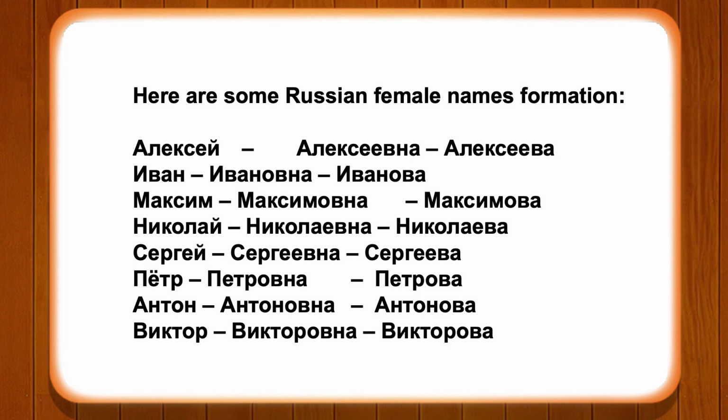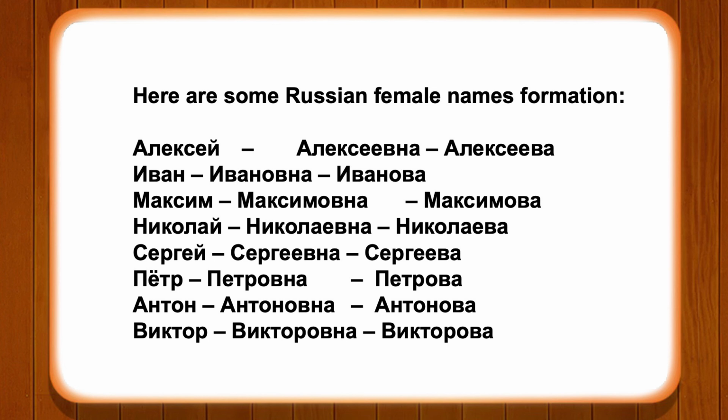Nikolai is the father, so the daughter's name, by now I think you can guess, Nikolaevna, and the familia will be Nikolaeva. Viktor, Viktorovna, Viktorova. Anton is the father, Antonovna, Antonova.